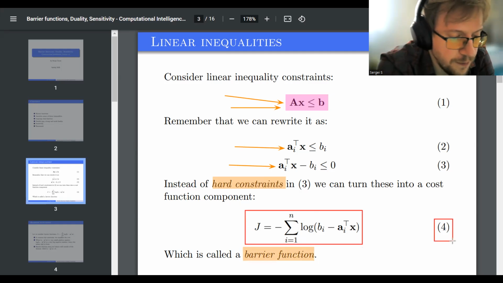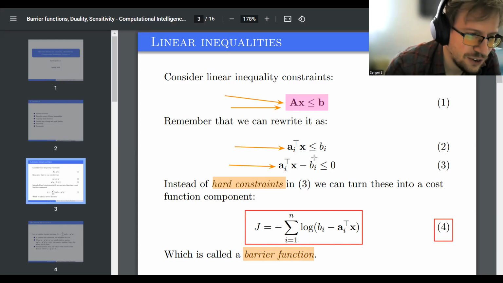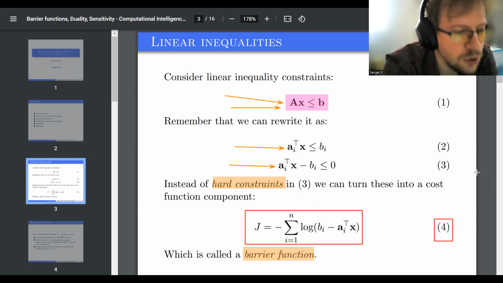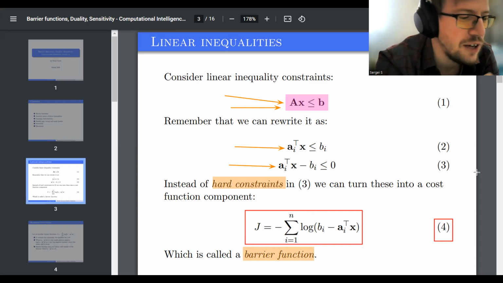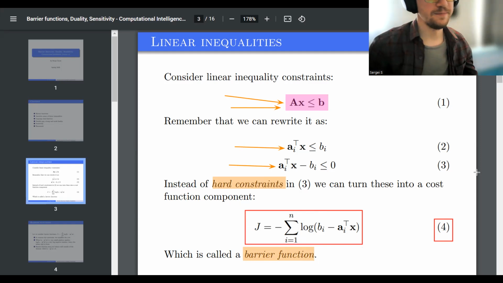What is a log barrier? To understand how it works, we would have to think about the logarithm. Who can tell me what the logarithm does? How does it behave near 0? Someone tell me. Just unmute and talk.